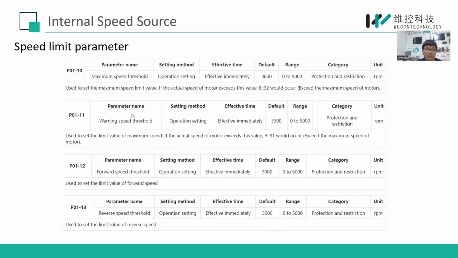When the speed is bigger than P1.11, our driver will give an alarm, but the motor will continue to run, it will not stop. But when the speed is bigger than P1.10, the driver will give an error. And if we get this error, the motor will directly stop.